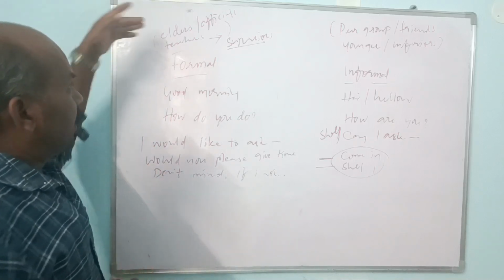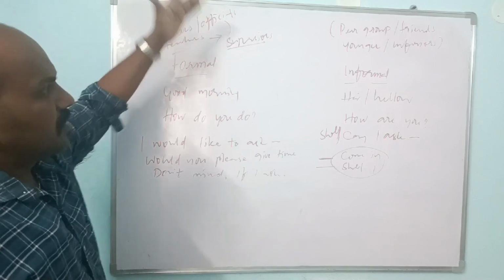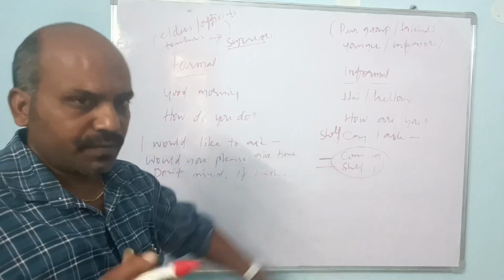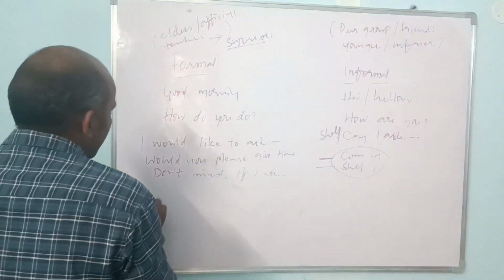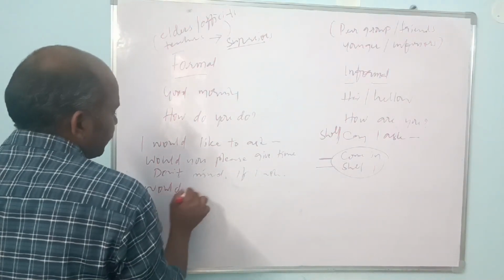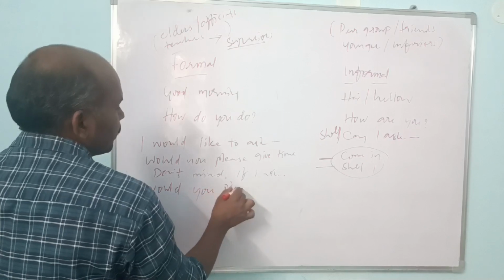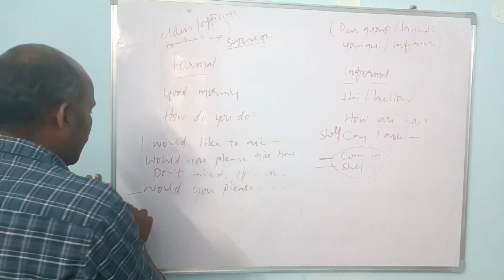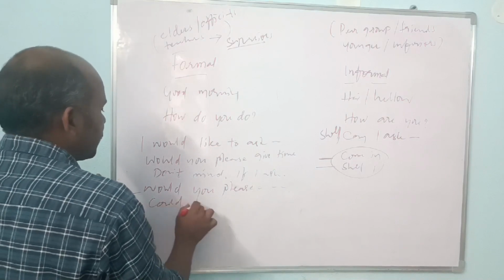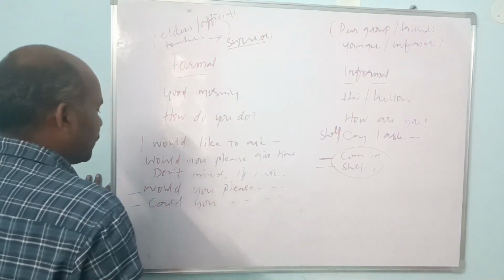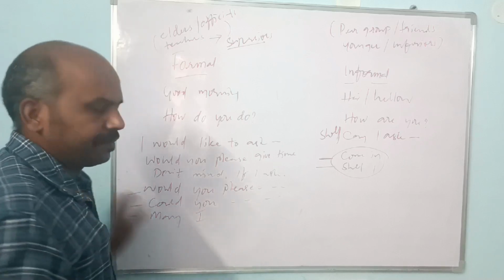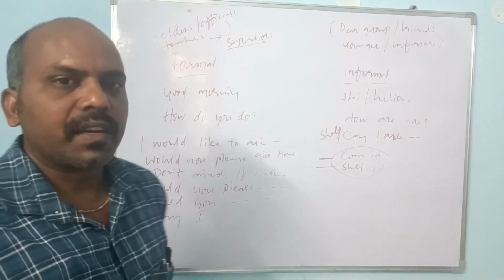But they are elders, officials, teachers, superiors. We have to take permission, not ask like that. Instead, we ask, would you please give me permission? Or could you please give me permission? Or at least, may I? These are three expressions we have to use.